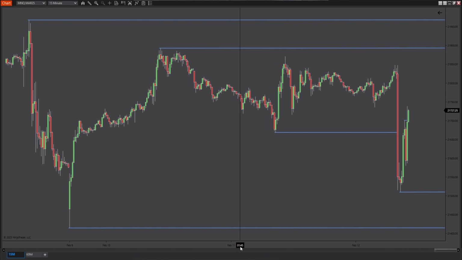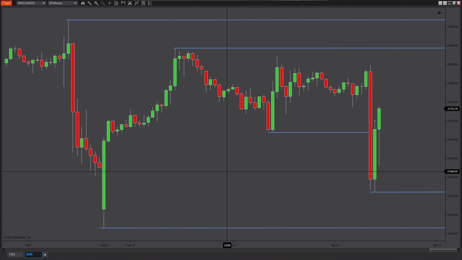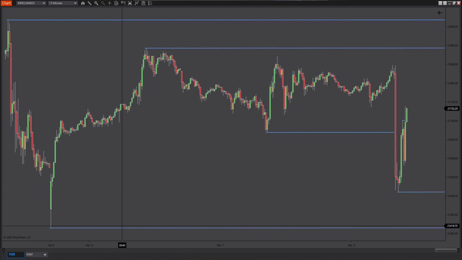And this is our 15-minute. This is our hourly. We should just continue up here. So that's most likely what we're going to sit here and keep the rest of the.